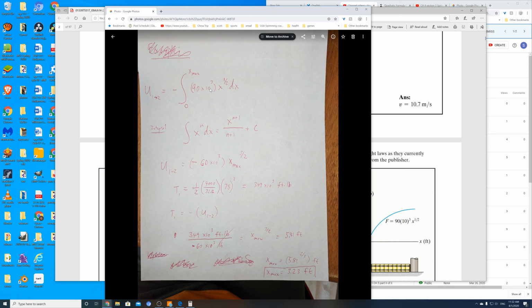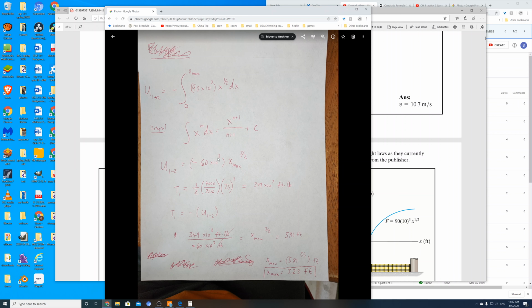Now I use x because it's in the x direction, and here's my equation for the force. Here's the form of the integral. If I perform the integration completely, the closed form is what I have.